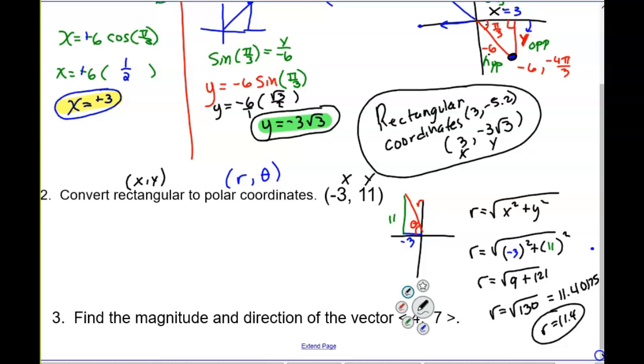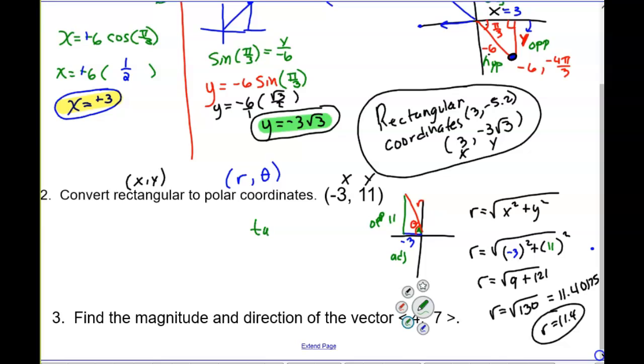That's the first part of the coordinate. Now I have to find theta. Well, finding an angle is undoing a trig function. So let's look at the fact that if this is theta right here, and I have the opposite, and I have the adjacent, now we gave you a formula for theta, but you don't need it. You know trig. So watch what happens.